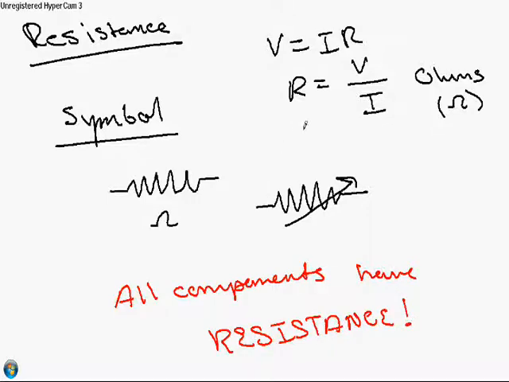This is oh so very important, and people forget about it so often. All components have resistance. The wire you use has resistance. The LED you use has resistance. The light bulbs in your house have resistance. Everything needs to be taken into account.